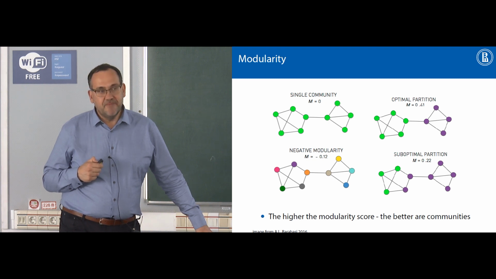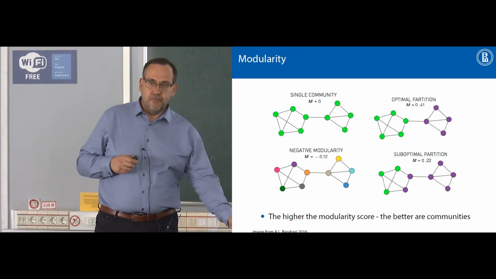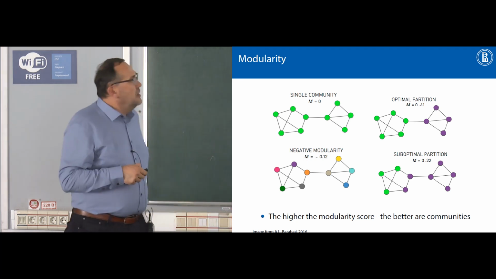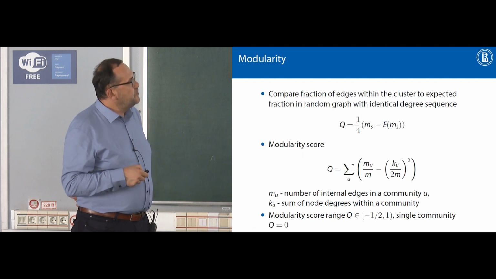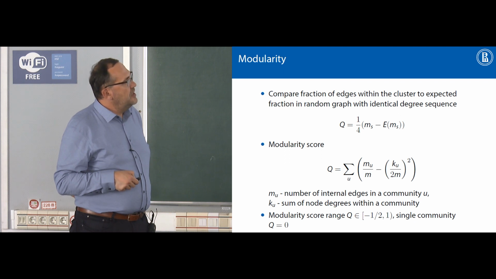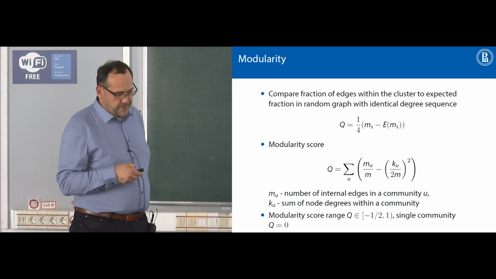Any questions? Yes? Why are the scores different on one graph? Oh, they're different because, okay, the way they calculate it is, this is a modularity score. I go over all possible communities. I count the number of edges internal to those communities divided by the total number of edges in the graph, and I use those metrics, sum of node degrees within the community.